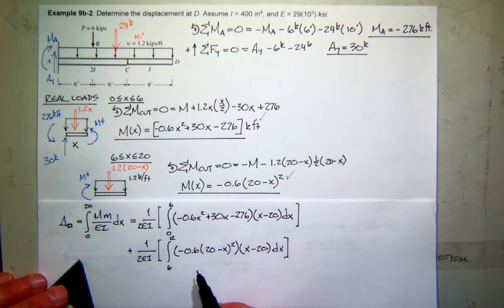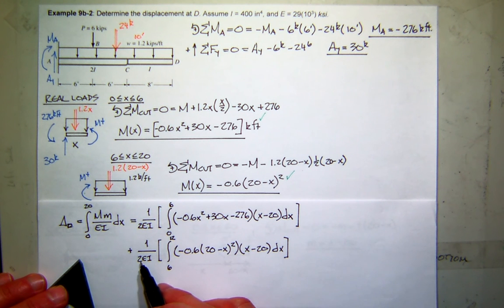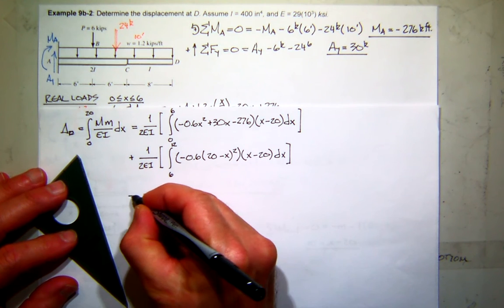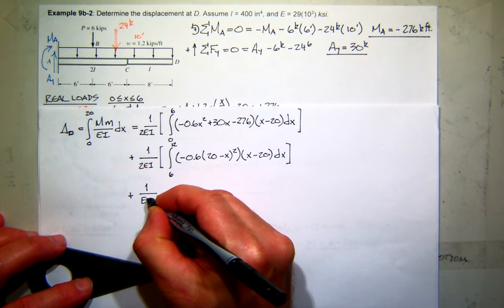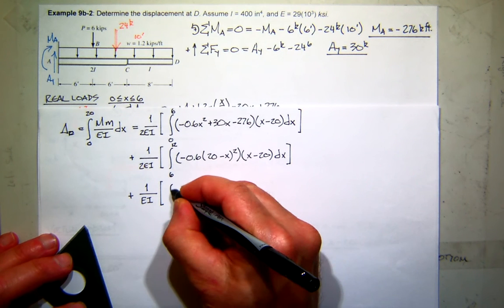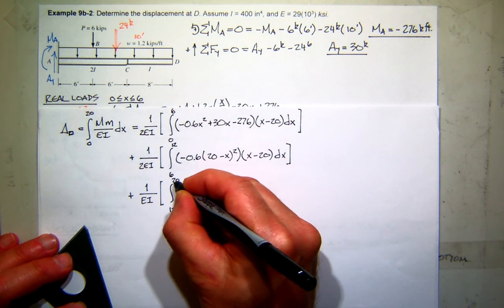Now what changes in the next segment from 12 to 20? The integrand stays the same, but this becomes I. So plus 1 over EI, and the integral is from 12 to 20.